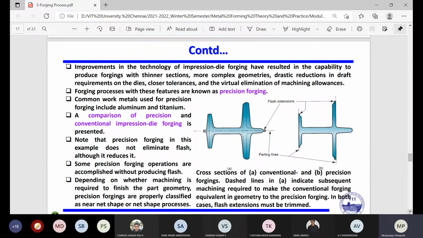Here also you can think about improvement. For example, 10 or 15 years back we were just considering simple forging operations. When I was studying in BTech or masters, we were afraid of forging because we would find a lot of noise there.